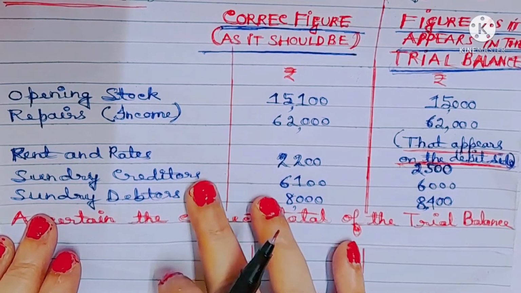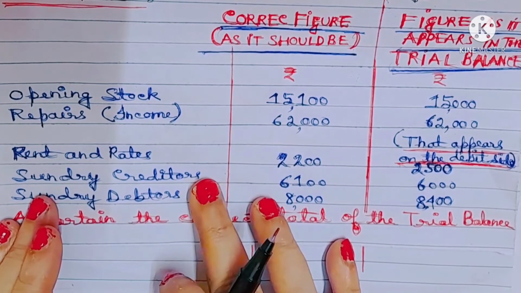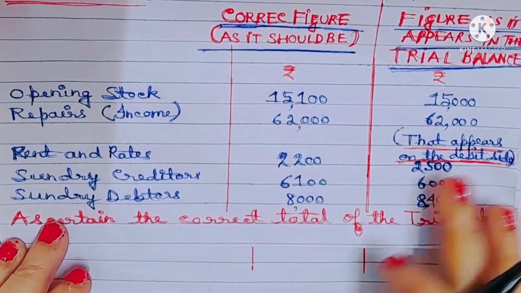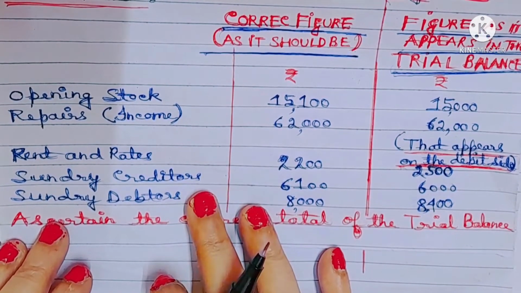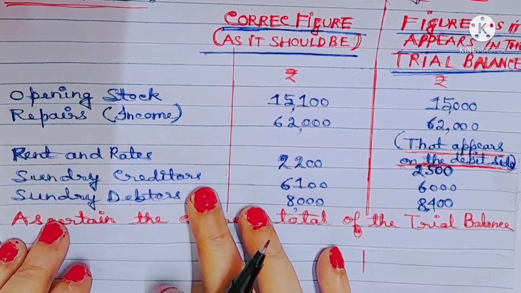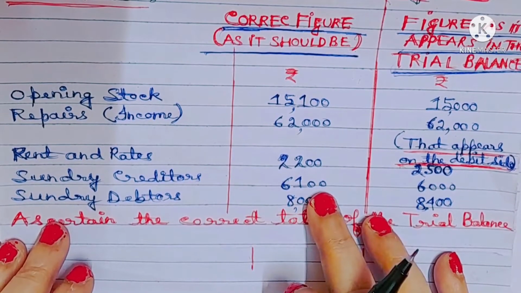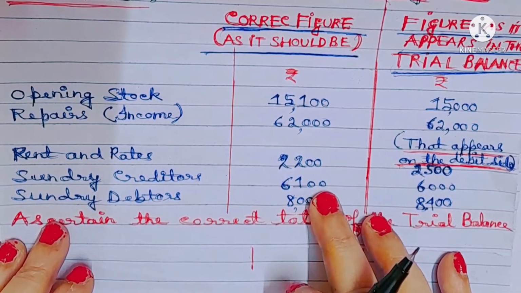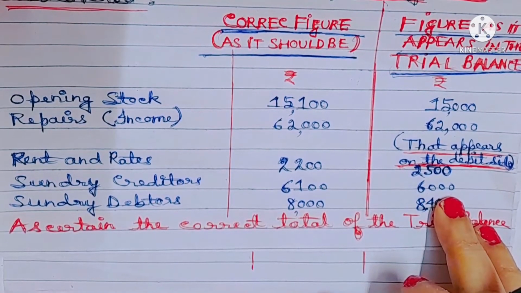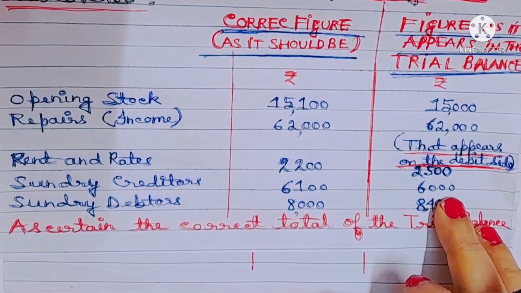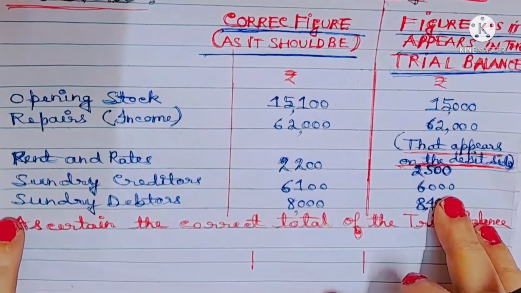Sundry creditors should have been written in the credit column as 6,100, but they have wrongly written 6,000 in the credit column. So what do we have to do with 100? We have to add, plus 100 in the credit column.